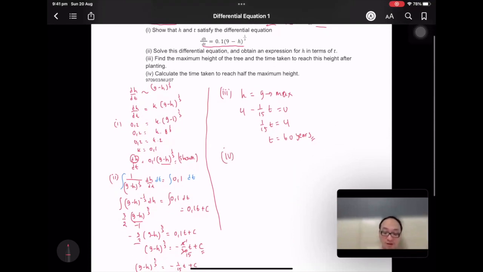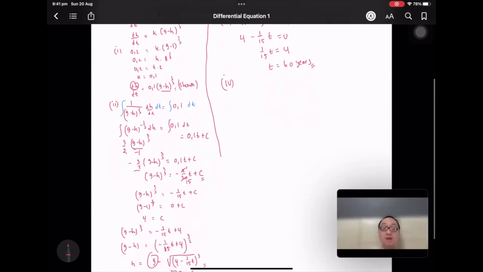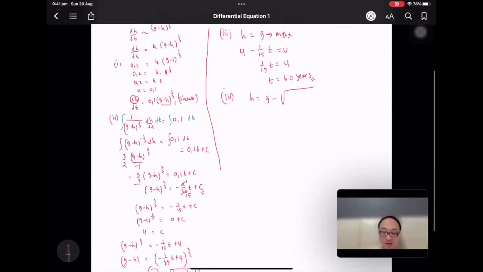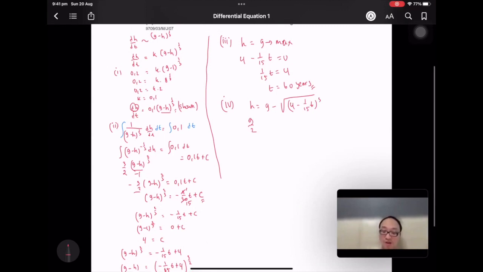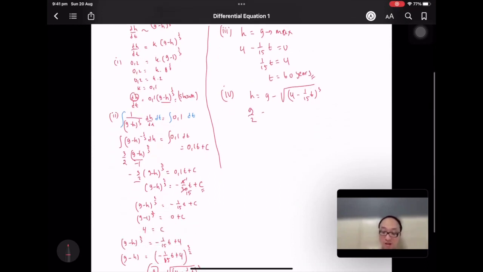Part (v): calculate the time taken to reach half of the maximum height. So we can just put it into the formula. It's equal to 9 minus the square root of 4 minus 1 over 15t, cubed, and put it as 9 over 2, the half of the maximum height, equals 9 minus this.